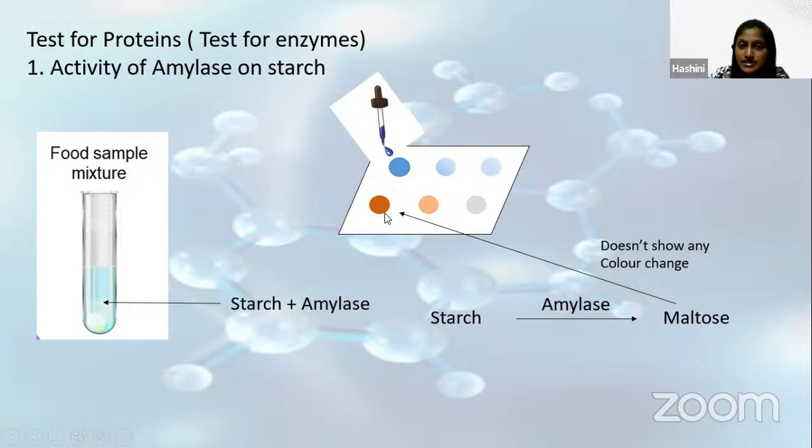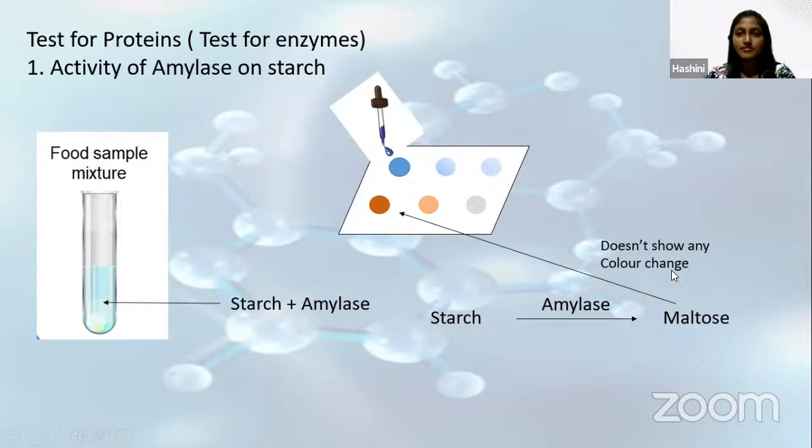So at the last drop, when we take some drops from this food sample mixture and place onto this porcelain tile and add this iodine solution, what is the color? It will not make any color change. Only the color of the iodine solution appears, so it is a brownish color. Iodine is brown color. So it doesn't show any color change, right?